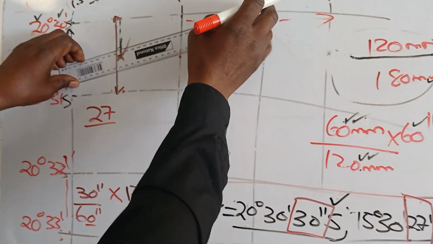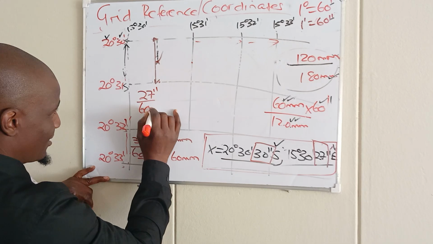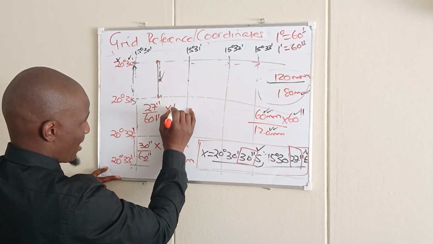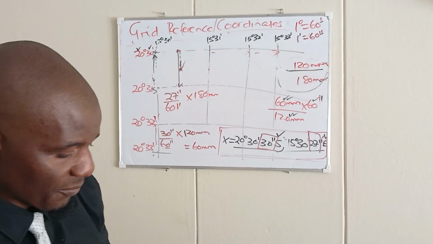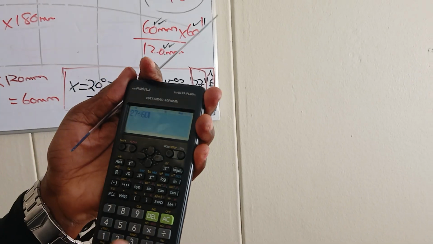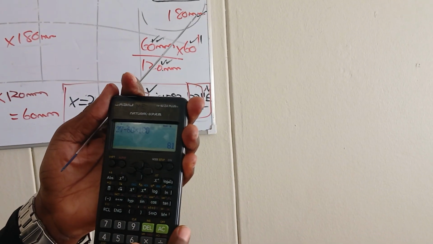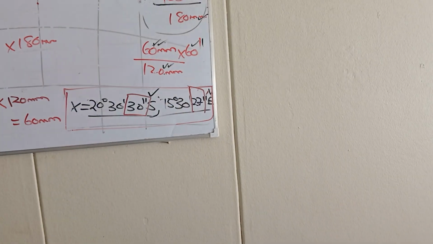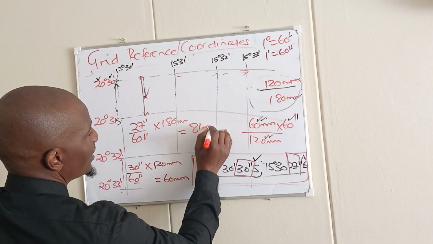So I'll say 27 seconds over 60 seconds multiplied by 180 millimeters. That is 27 over 60 multiplied by 180. What do I get? I'm going to get something like 81 millimeters, which is equal to 81 millimeters.